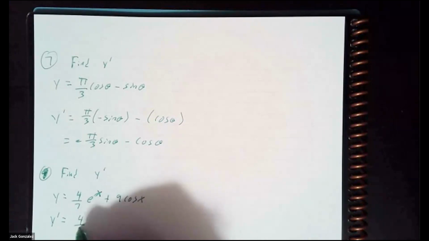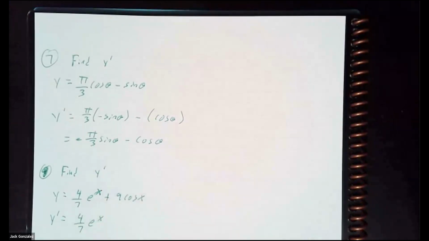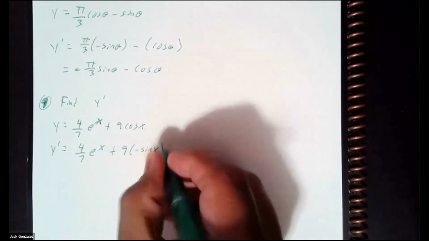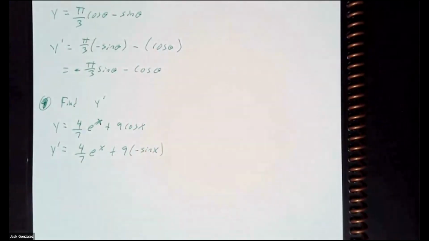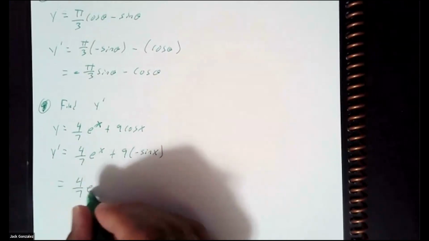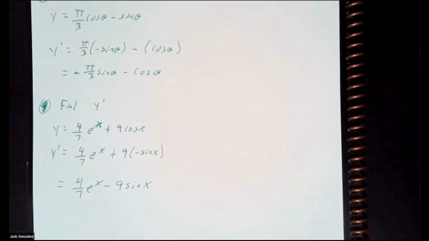It doesn't change. Derivative of cosine we just said was negative sine. So that's it. But using the rules, it's a lot easier to find derivatives, right? Way better.